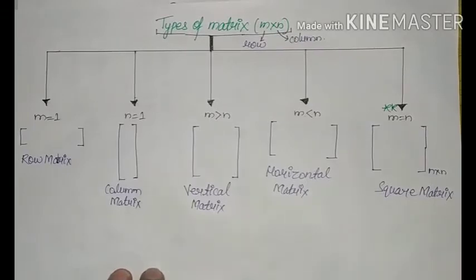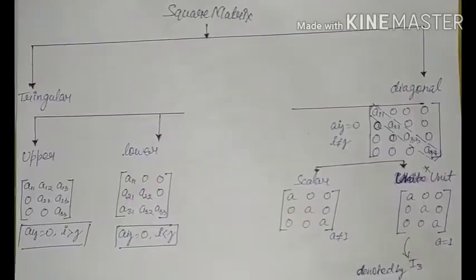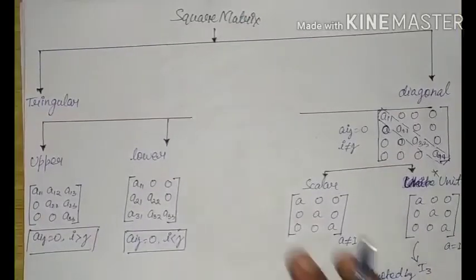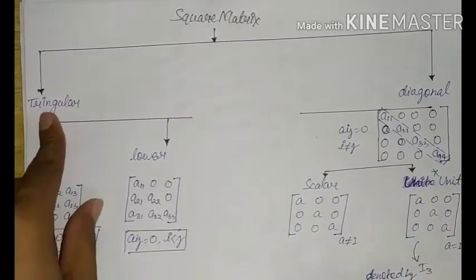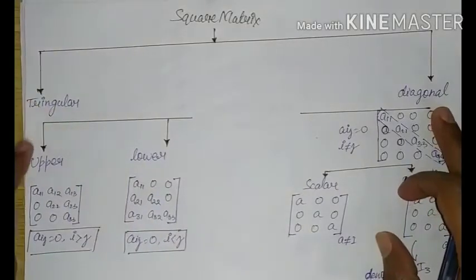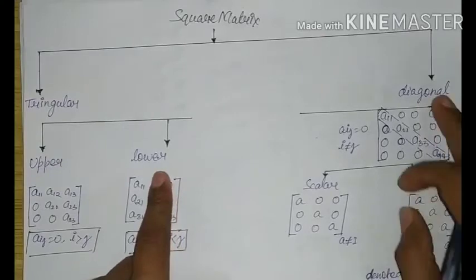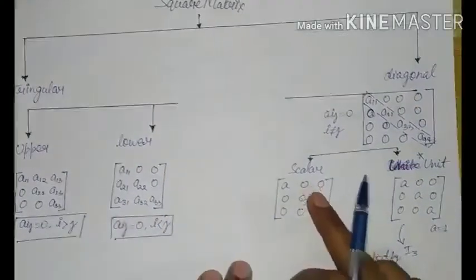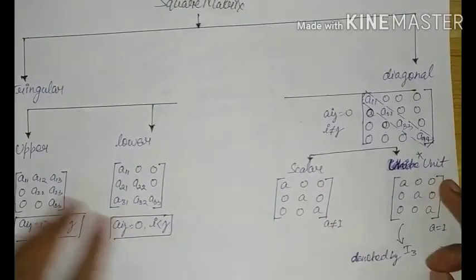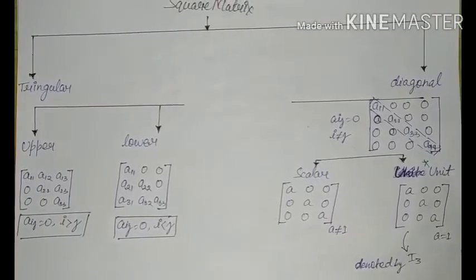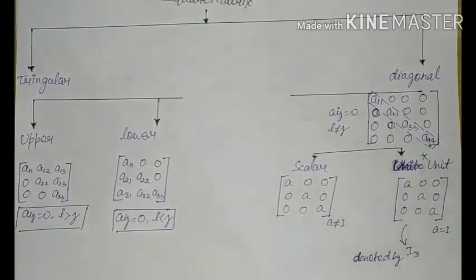That's why you should pause the video and note it down. And this is the type of square matrix. There are triangular and diagonal. Triangular matrices are of two types, upper triangular and lower triangular, and a diagonal matrix includes a scalar matrix and a unit matrix.